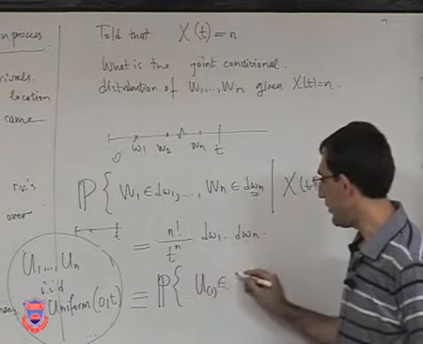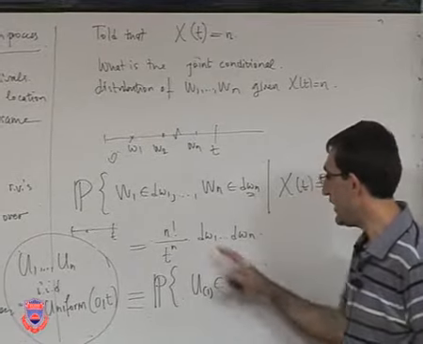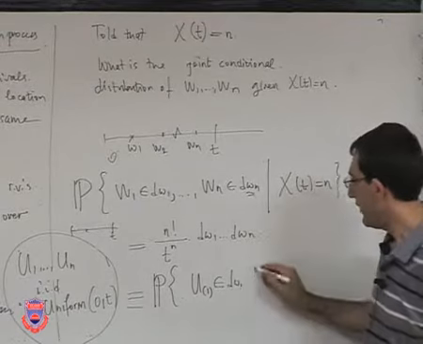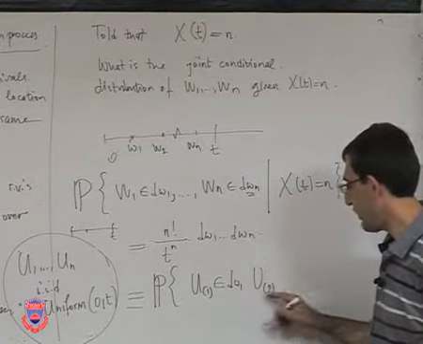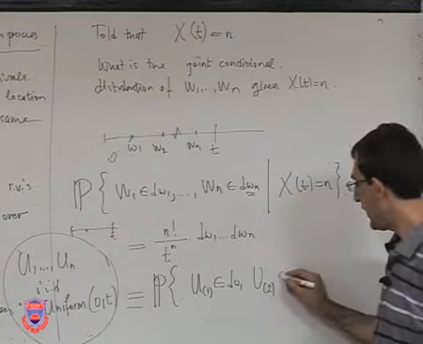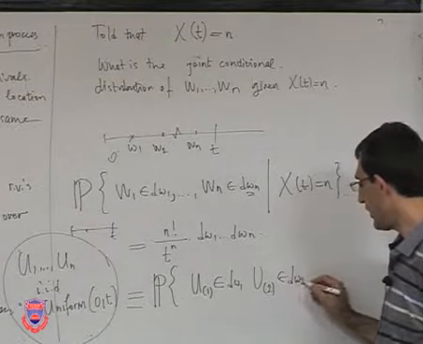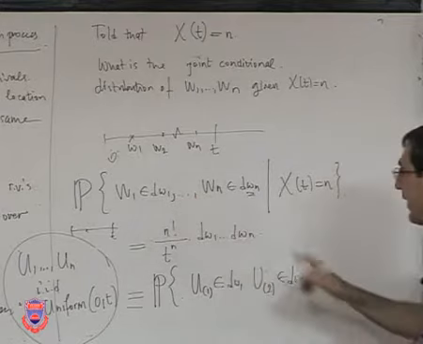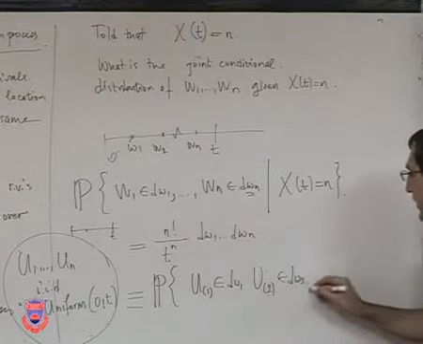And this turns out to be the same as the probability that the minimum is in the neighborhood of w1, the second minimum is in the neighborhood of w2, the same w2 matched with the second arrival time, and so on.